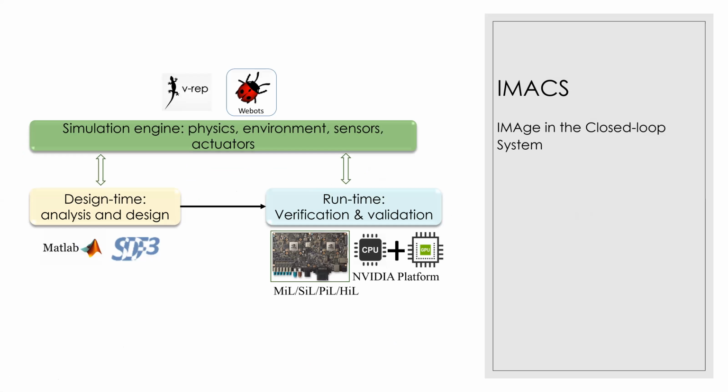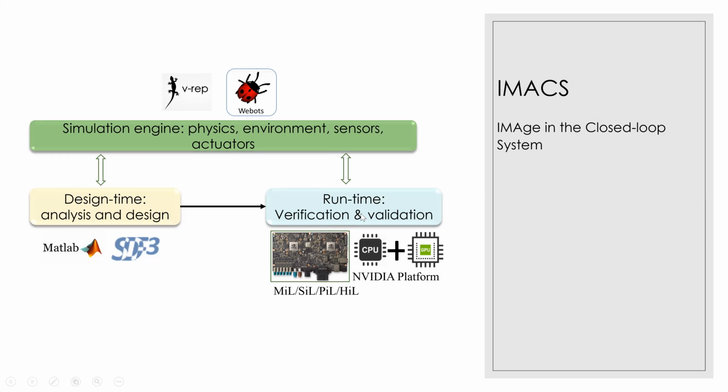So what IMACS does is it helps to verify and validate such kind of systems in a digital twin environment. We have a simulation engine which simulates the physics, environment, sensors, and the actuators. You can do your design time analysis and design, and you can interact with the simulation engine during your design time by model in the loop or software in the loop simulations.